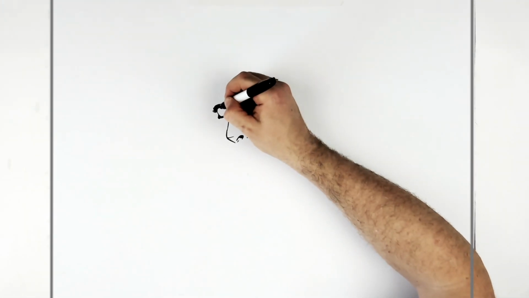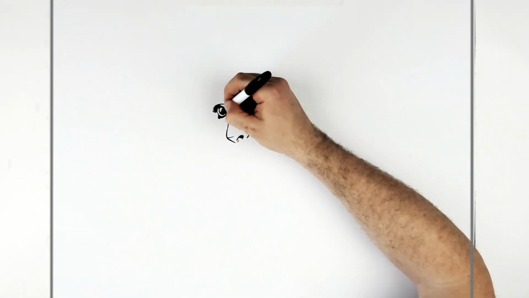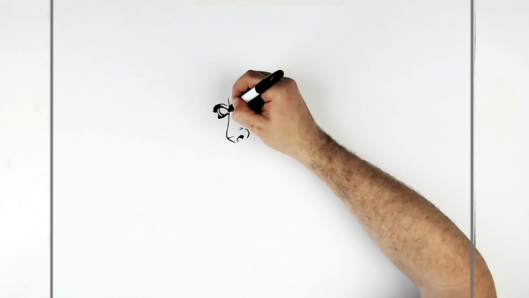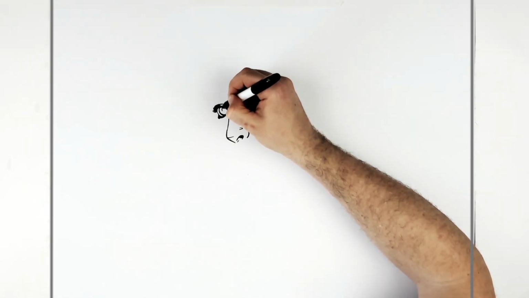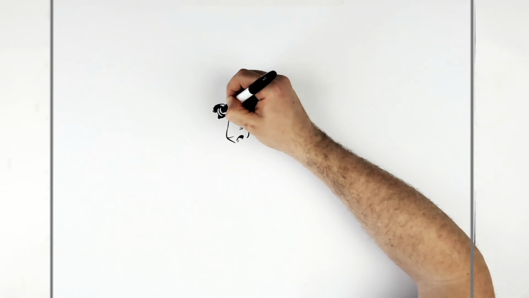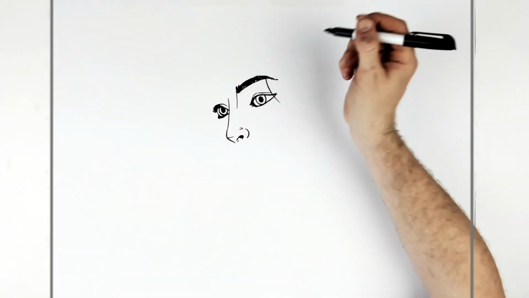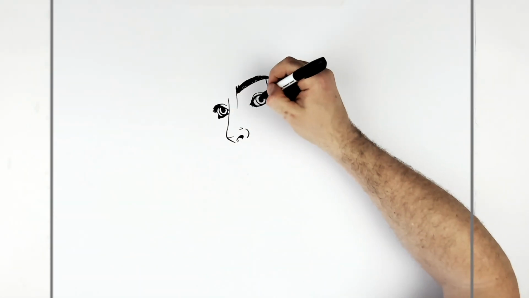And then pupil and iris just here in the corner. And she's looking sort of down this way. Okay, this kind of thing.